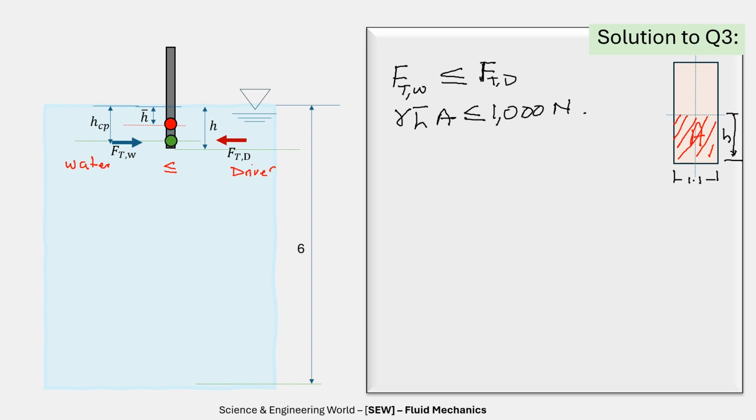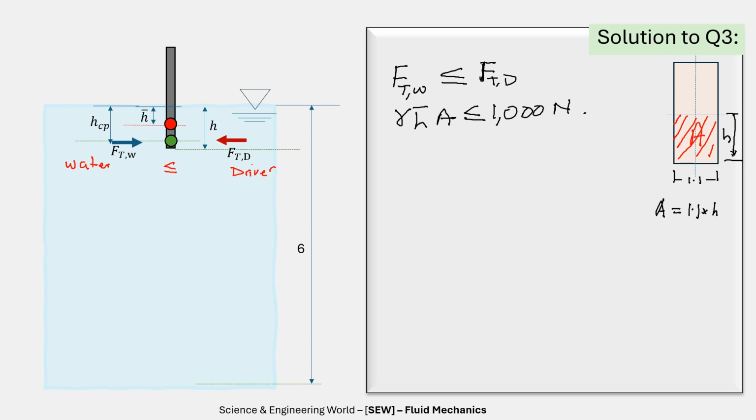So this will be our H now. We need to find the H at this point. So the area is 1.1 times H. That's the area. Again, we know from the previous video that H bar is the center of the area, the center of the height touched by the water.